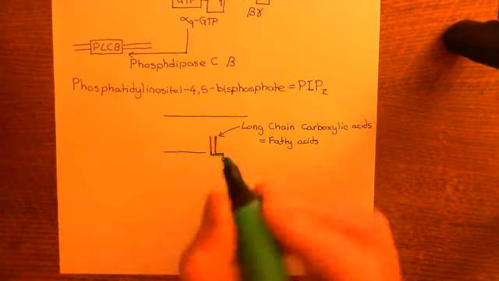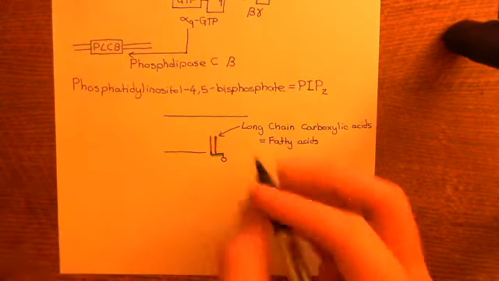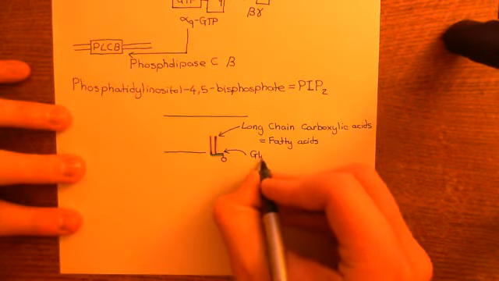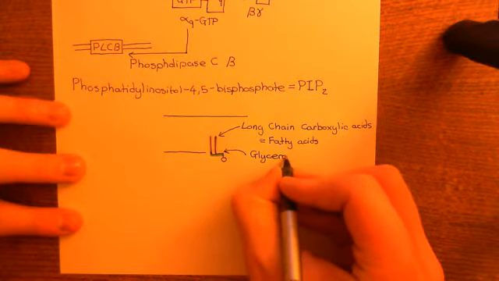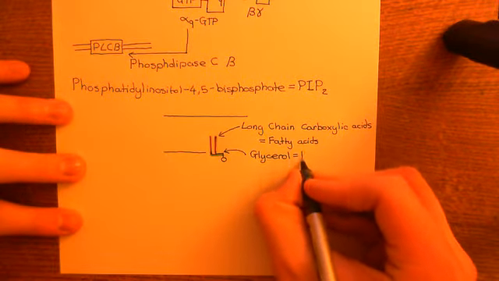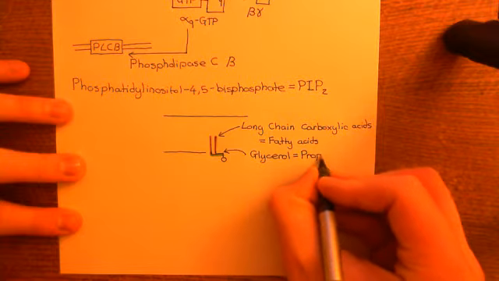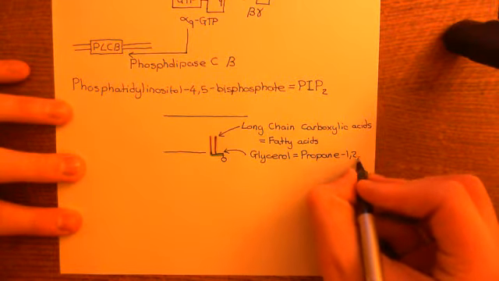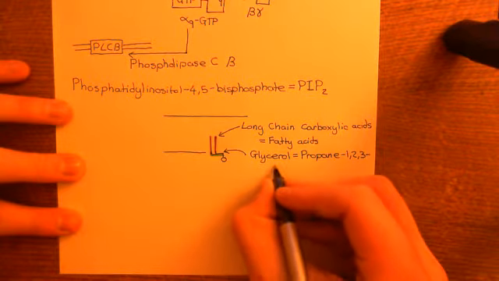So this horizontal line in green here represents glycerol. And again, glycerol is the biochemist's name for this molecule. The chemist's name for glycerol, the proper name, is propane 1,2,3 triol.